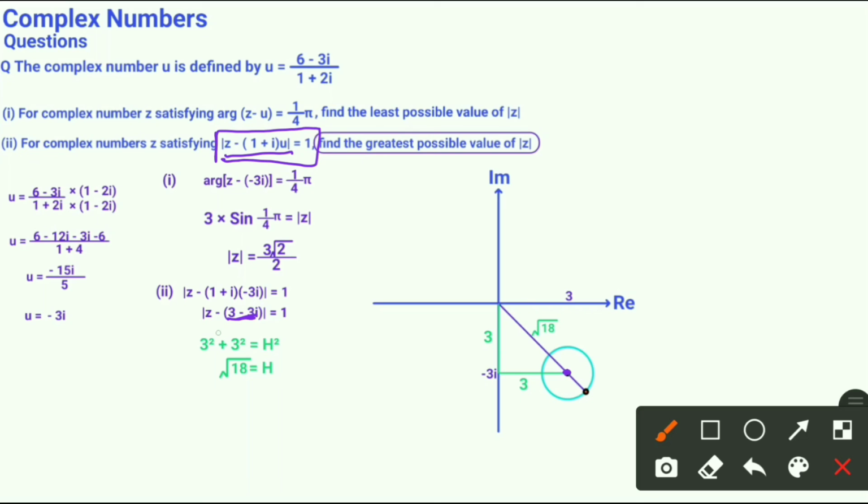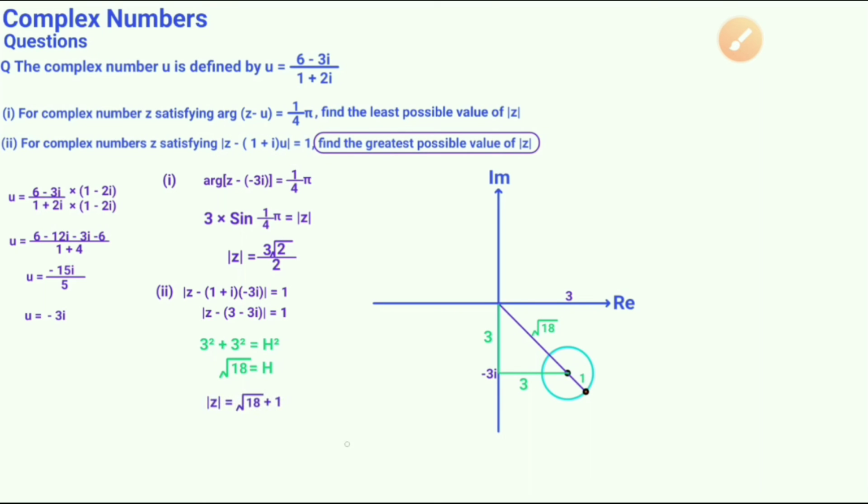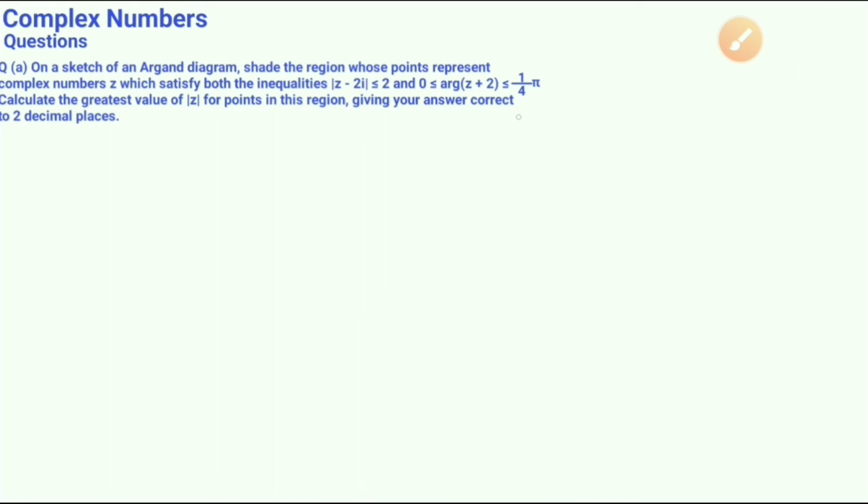This is actually the equation of a circle, and since we have found the equation of a circle, we need to find the greatest possible value of z. We know this is 3, and this is 3, and then we found this. This is 1, since 1 is the radius, so this is the answer.